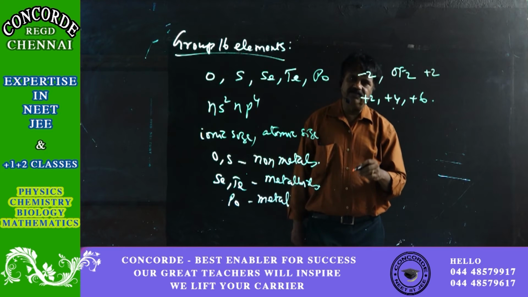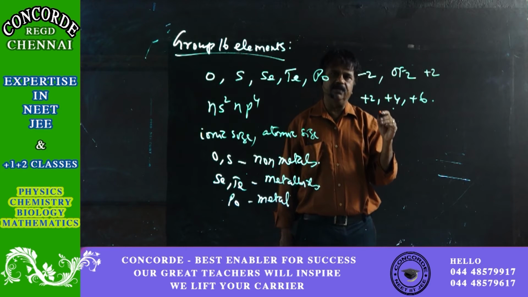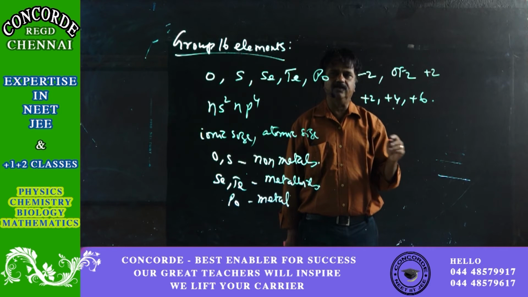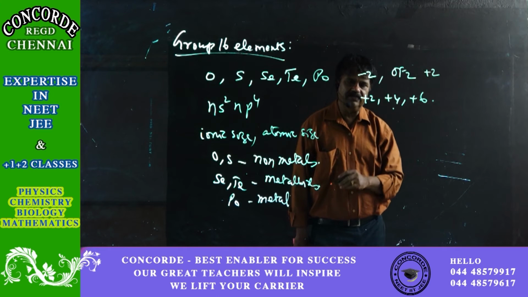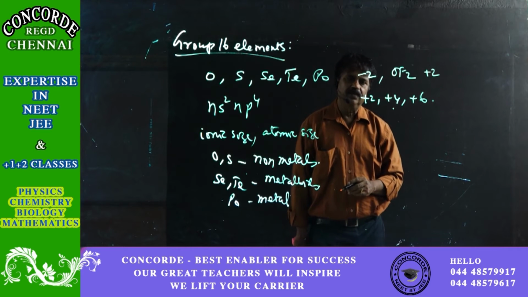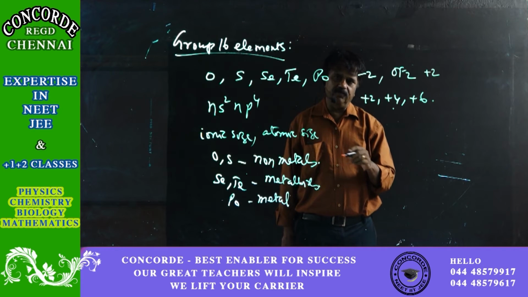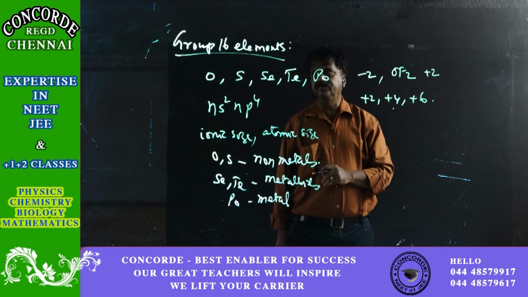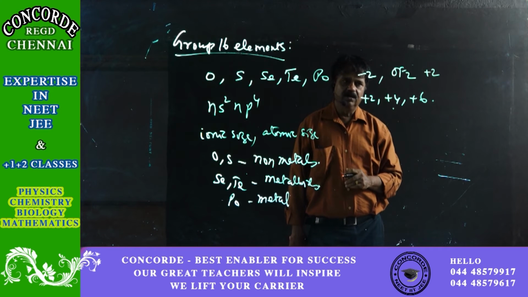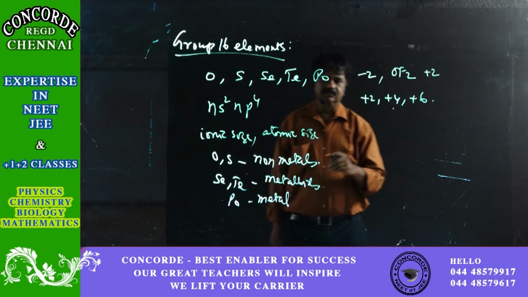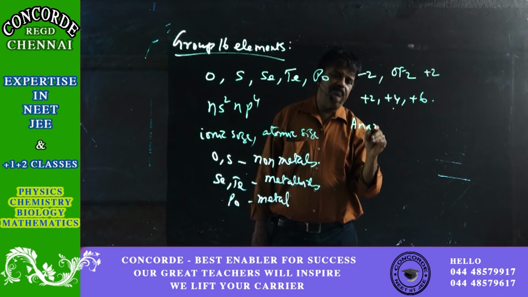The ability to form a +6 oxidation state decreases down the group, with polonium not even forming any +6 oxidation state. Otherwise, the prominent oxidation state is +4 for most of the group 16 elements except oxygen, which is -2. And oxygen has an anomalous behavior.